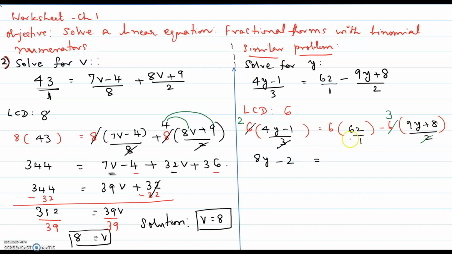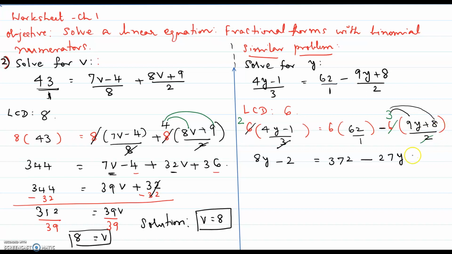The 6 times 62, that will be 372, minus 3 times 9y, 27y. Then negative 3 times positive 8. Remember that you have a negative sign in front.